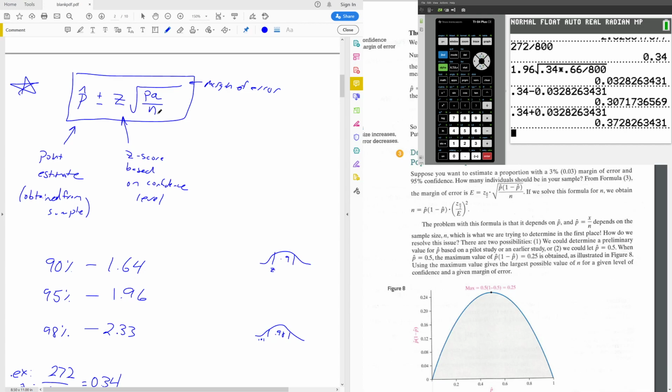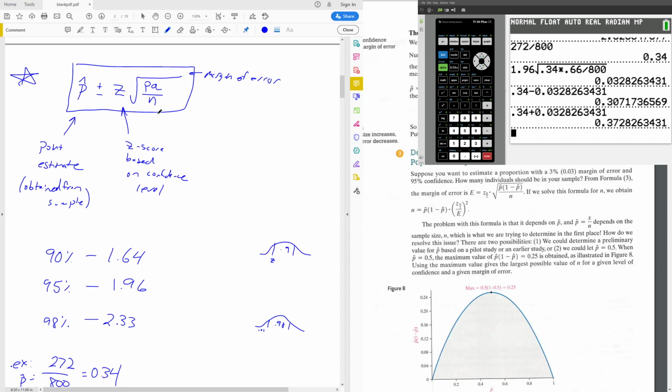And so we see that larger sample sizes lead to smaller intervals, which again makes sense, because if we sampled 10,000 people, then we probably have a really good point estimate, right? So we don't need to go too much above or below that point estimate to actually include the real percentage. Okay?